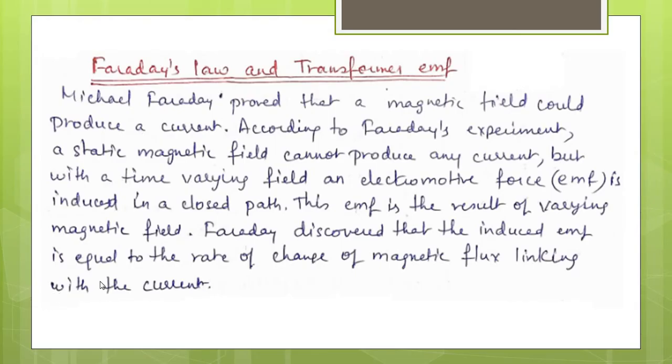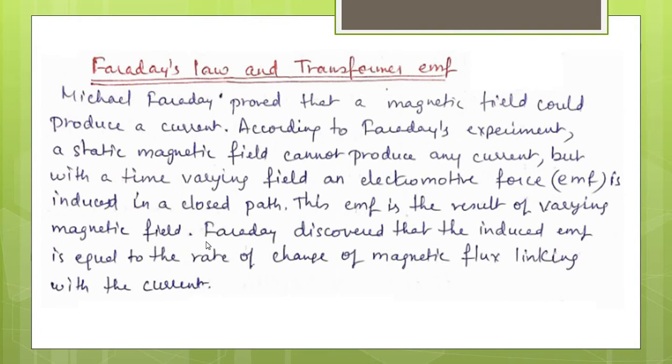The scientist Michael Faraday proved that a magnetic field could produce a current. He performed an experiment and proved that a static magnetic field cannot produce any current, but if the magnetic field is time varying, an electromotive force is induced in a closed path, which is the result of the varying magnetic field.